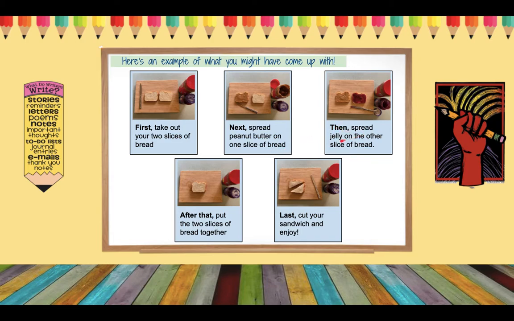Then, I spread jelly on the other slice of bread. After that, I put the 2 slices of bread together. And last, I cut my sandwich and enjoy. Those are the 5 steps of making my peanut butter and jelly sandwich using my time words. First, next, then, after that, and last.